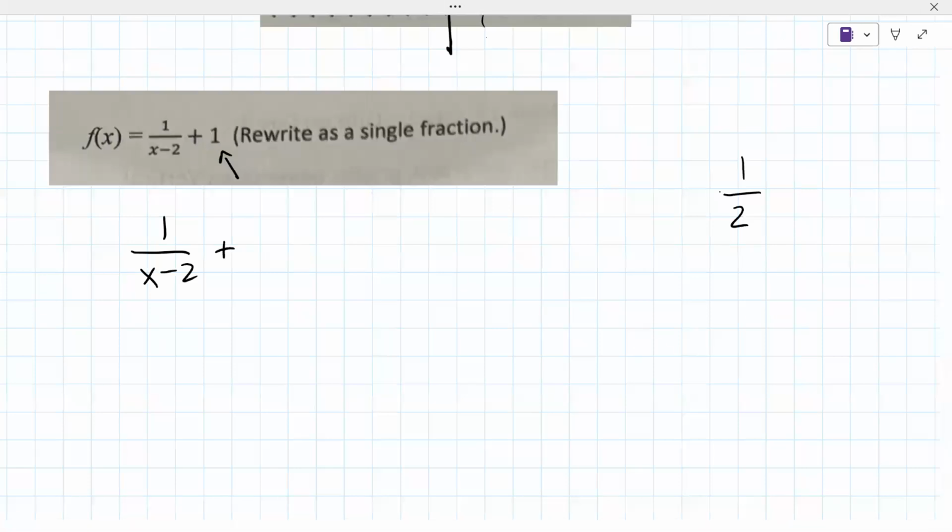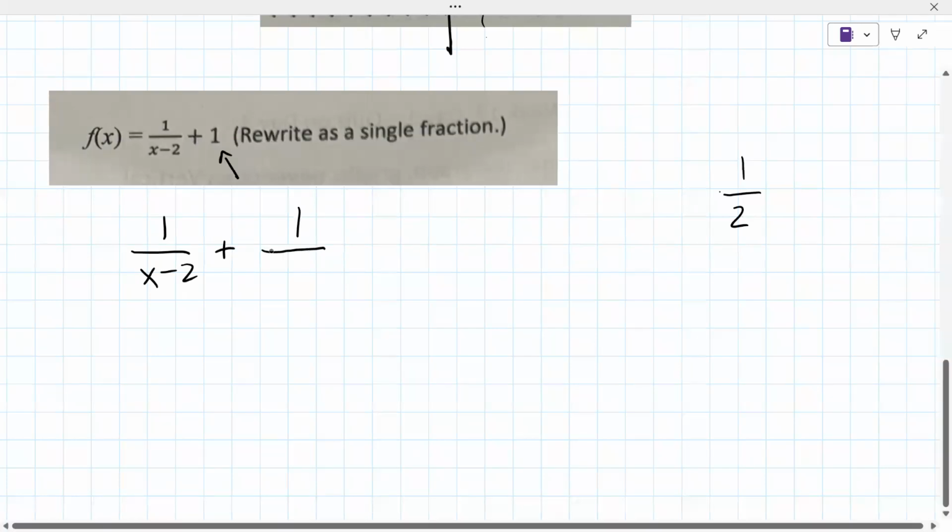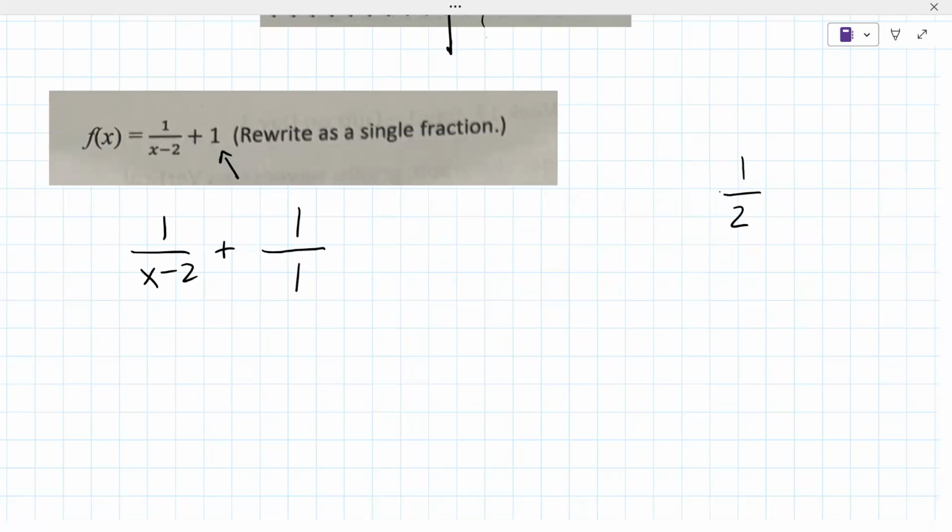You write a number as a fraction by putting it over one. Is that okay? Yeah.